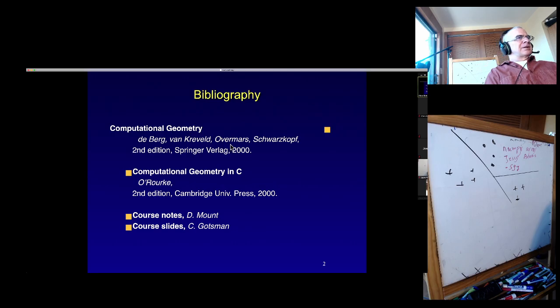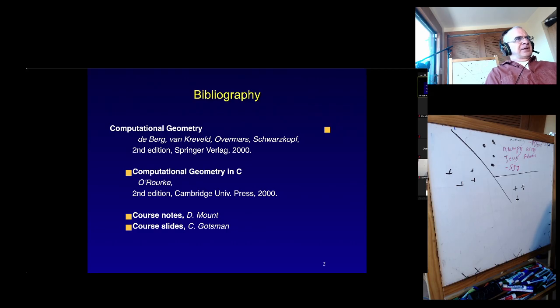There is a third version. You can access it electronically from the library. Actually, I placed a link to the PDF from the course website, since it's fine with the authors.